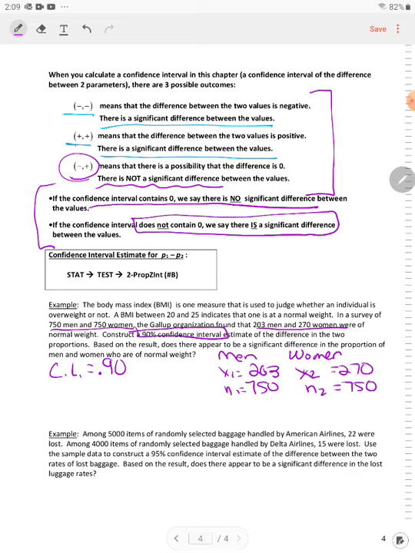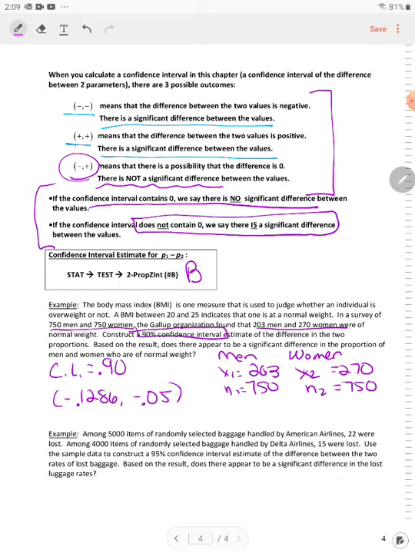If we use our graphing calculator, notice the keystrokes: stat, test, 2-PropZInt. This is the letter B, that's a little bit hard to read, so you arrow all the way down to B. And what we get is a confidence interval of negative 0.1286, negative 0.05.